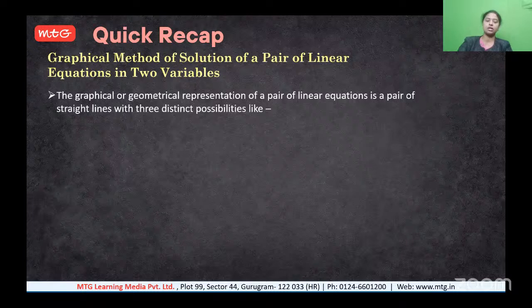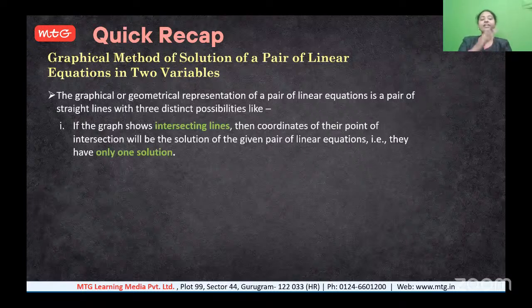What are those? The first possibility is if the lines are intersecting. If the lines are intersecting, then the coordinates of the point of intersection are the solution of this system of equations.